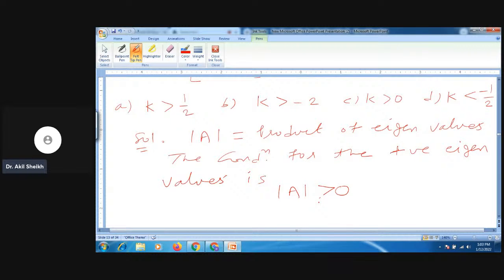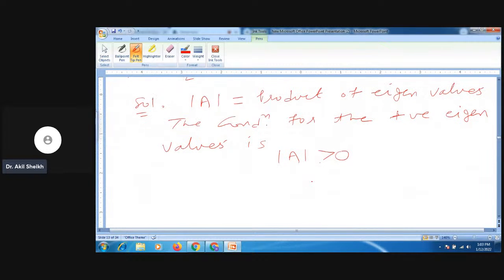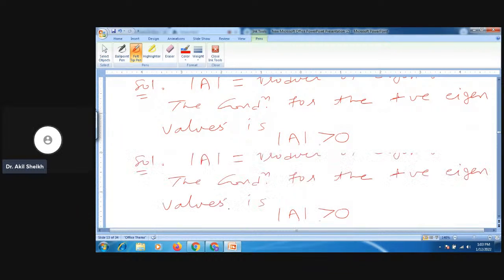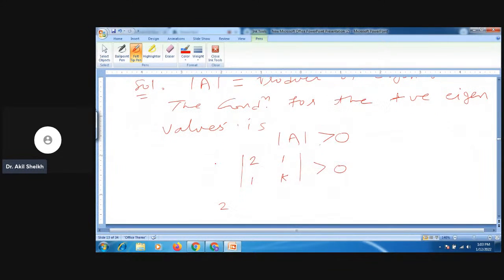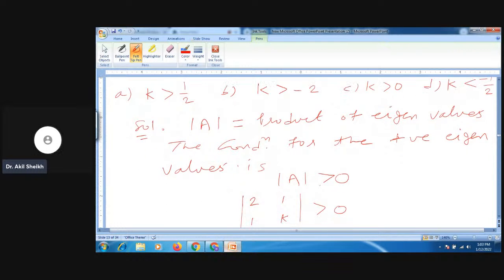So matrix is here [2, 1; 1, k]. This determinant should be greater than 0. So determinant is here 2 times k minus 1, 2k minus 1 greater than 0.